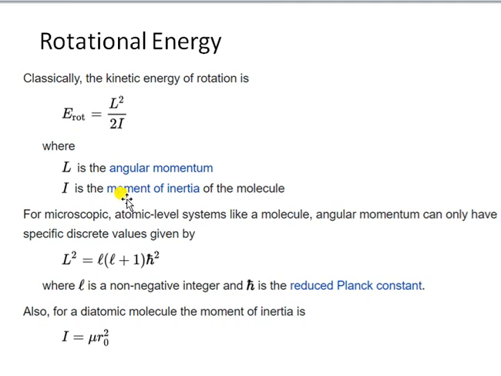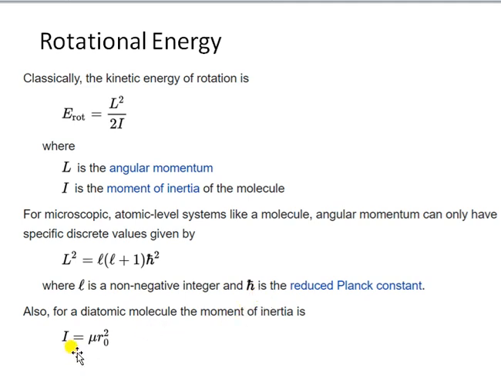For a microscopic atomic level system like a molecule, angular momentum can have specific discrete values. For example, L square is equal to L(L plus 1) h cut square. L is a non-negative integer and h cut is the reduced Planck constant, h cut is equal to h over 2 pi.